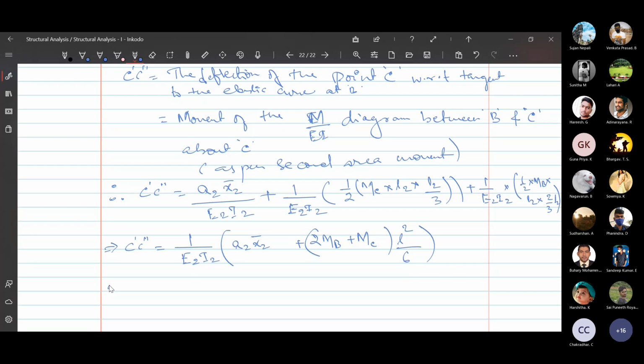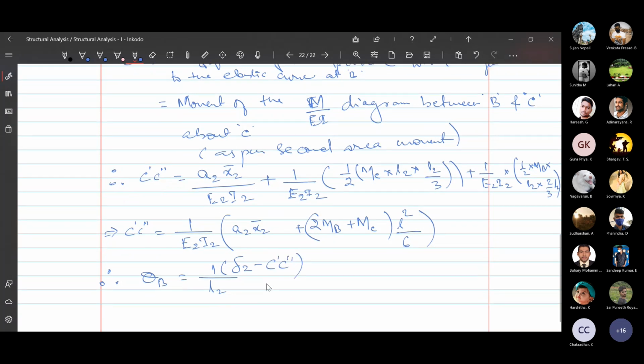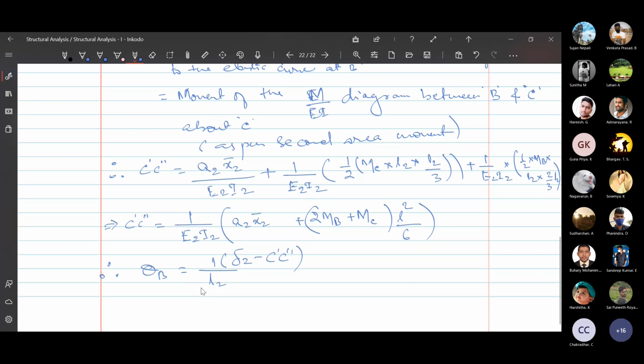Okay, so therefore theta B equals, I have already got, 1 by L2 into delta 2 minus C dash C double dash. So I'll put that C dash C double dash here.